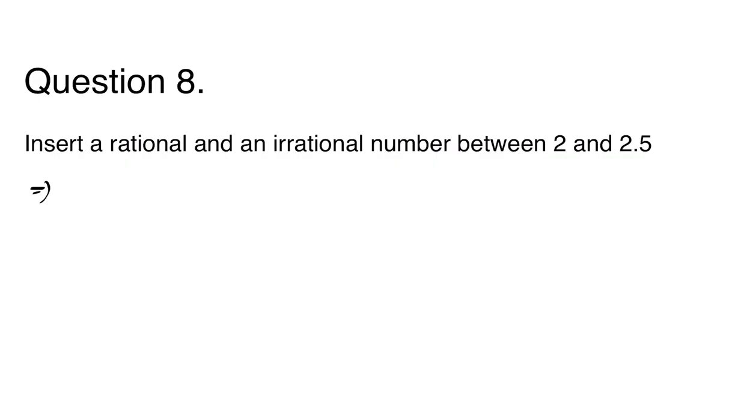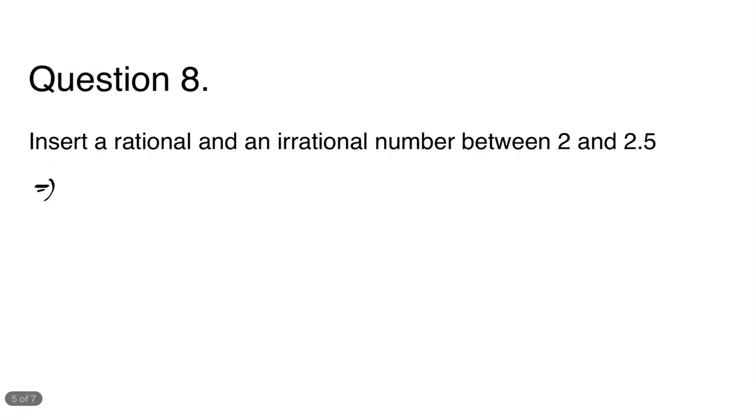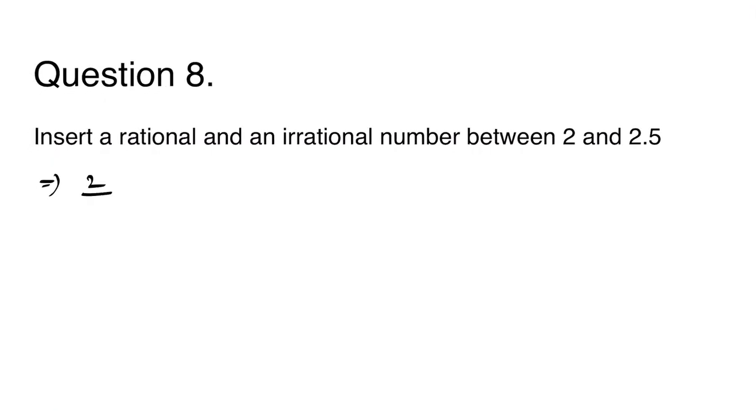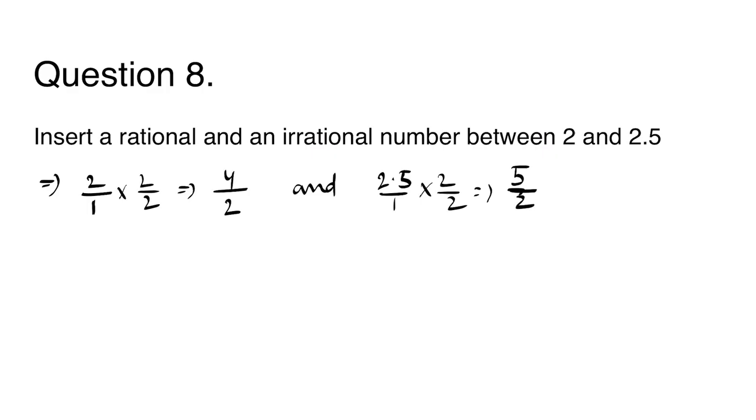So, if we have to find one rational number, then we have to multiply and divide the same number with 2. Okay, 2 upon 1 into 2 upon 2 equals 4 upon 2, and 2.5 upon 1 into 2 upon 2, which is 5 upon 2.